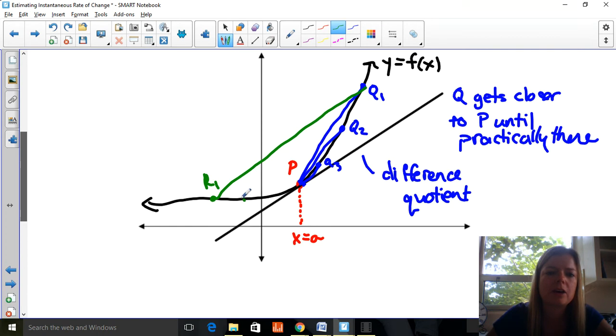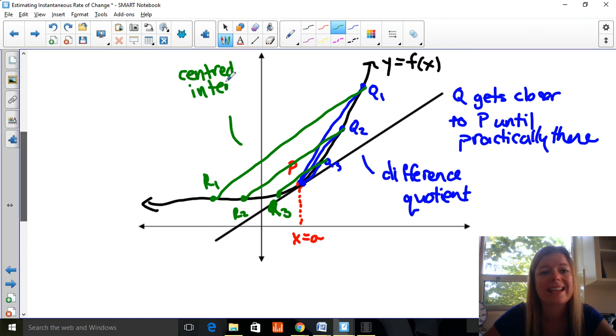And then if you pick an R2, that is again an equal distance this way as Q2 is this way, that line should be even more parallel to the tangent. And R3 and Q3, again the same distance apart on either side, that should be even more close to parallel. So this method is called centered intervals.